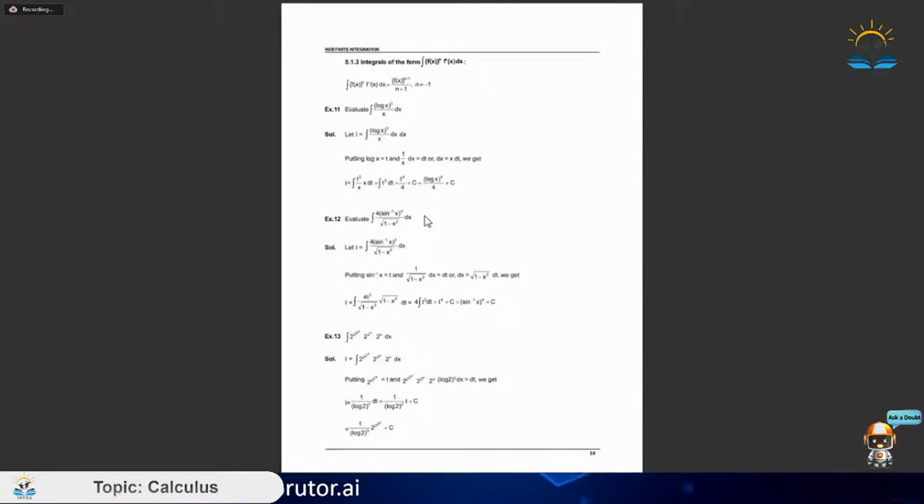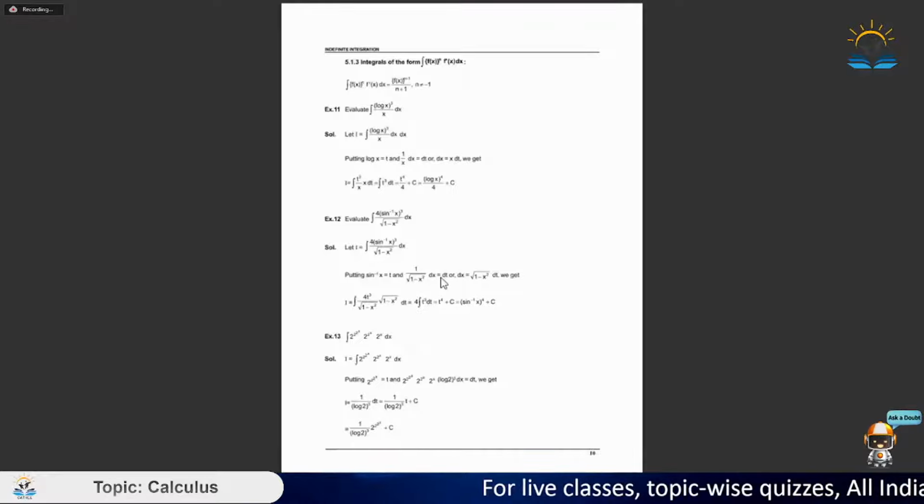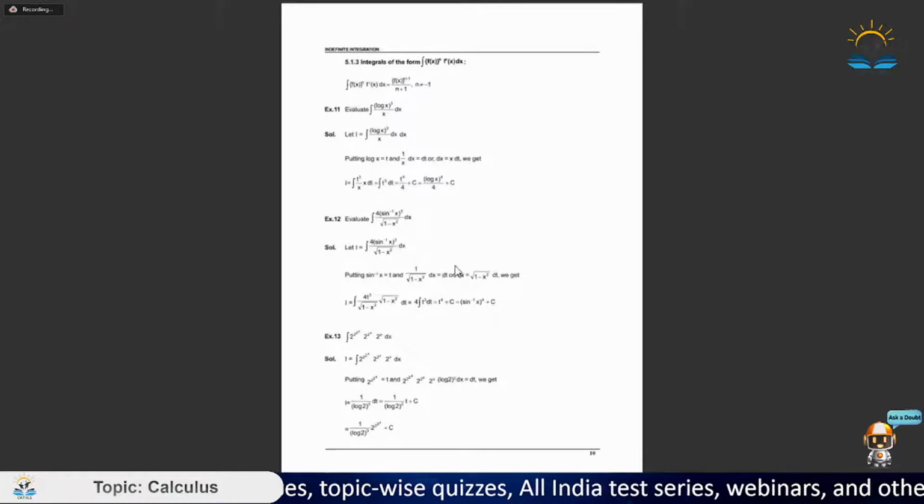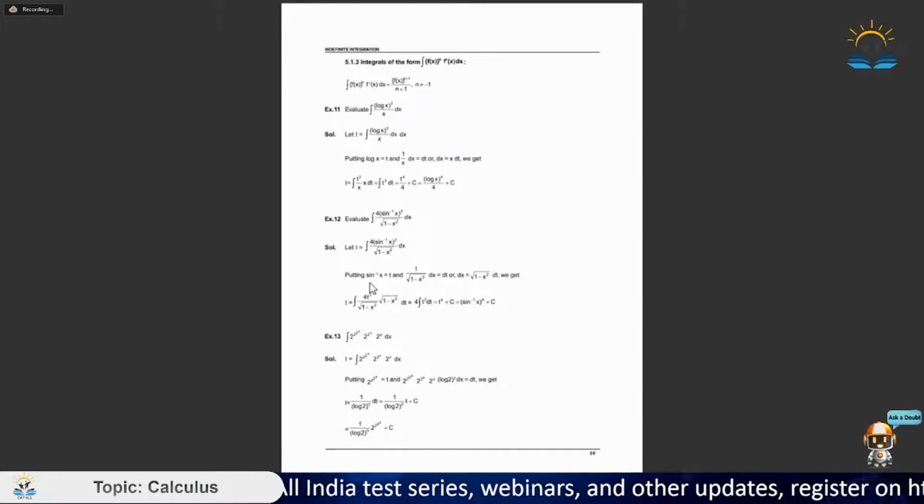Okay, let us move to the third form. These were the basic questions we have seen. Sin inverse x differentiation was 1 by root of 1 minus x square, and we would substitute sin inverse x with t and 1 by root 1 minus x square dx with dt. Simple. If you are confused how I am so easily converting, you just have to write the equation sin inverse x is equal to t.